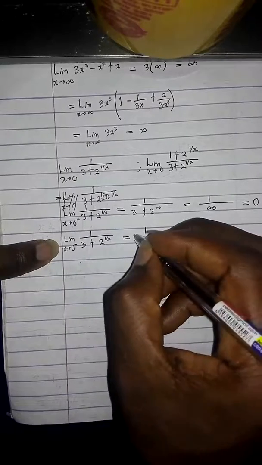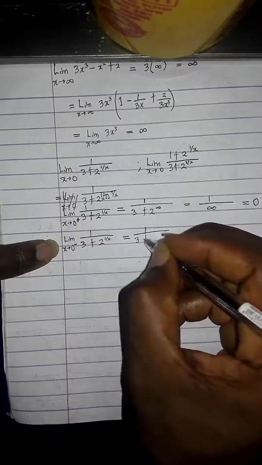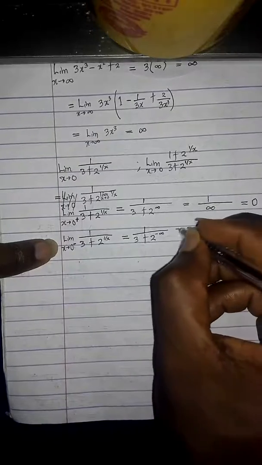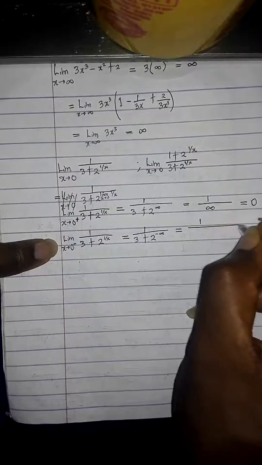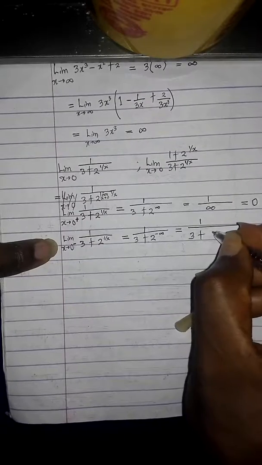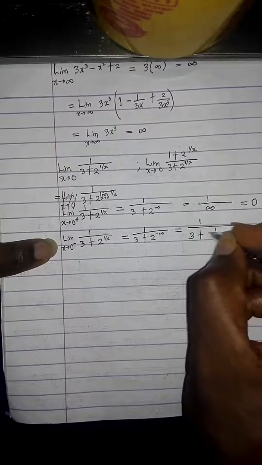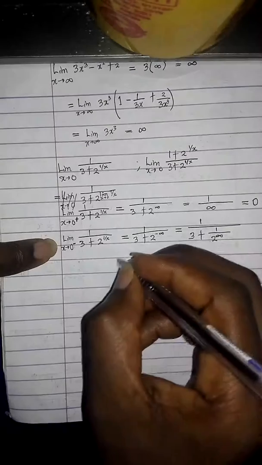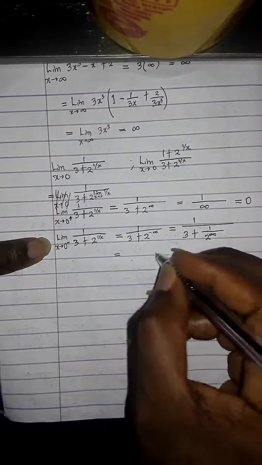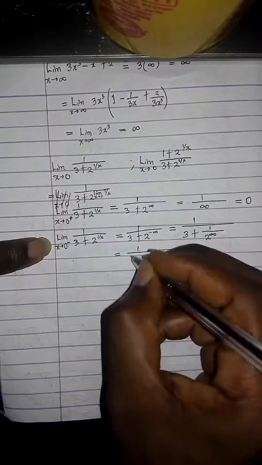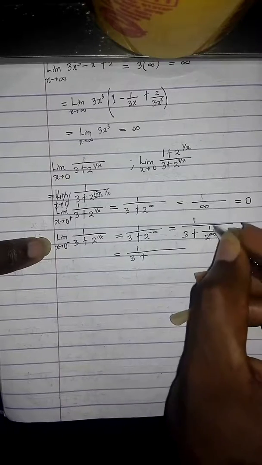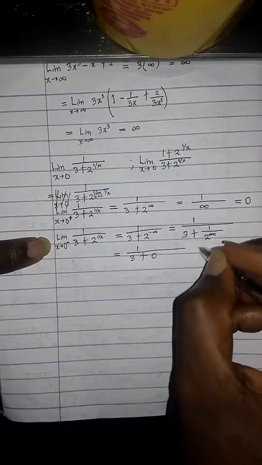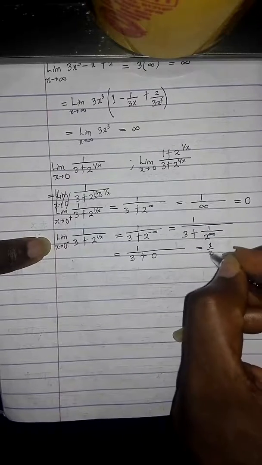So this is just going to be 1 over 3 plus 2 raised to power minus infinity. 2 raised to power minus infinity is 1 over 2 raised to power infinity. So this is equal to 1 over 3 plus 1 over infinity. 2 raised to power infinity is infinity. 1 over infinity is 0. 3 plus 0. So what you have here is 1 over 3.